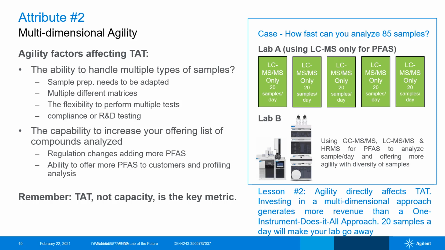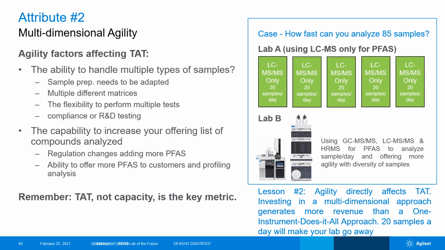And if something goes wrong or goes down with the LC-MS, then basically they've lost a big chunk of revenue generation potential. Whereas Lab B, which couples different analyses with GC-MS, LC-MS, high resolution and others, has multiple sources of making revenue, and can increase their capacity, but also get faster and better turnaround times as well.